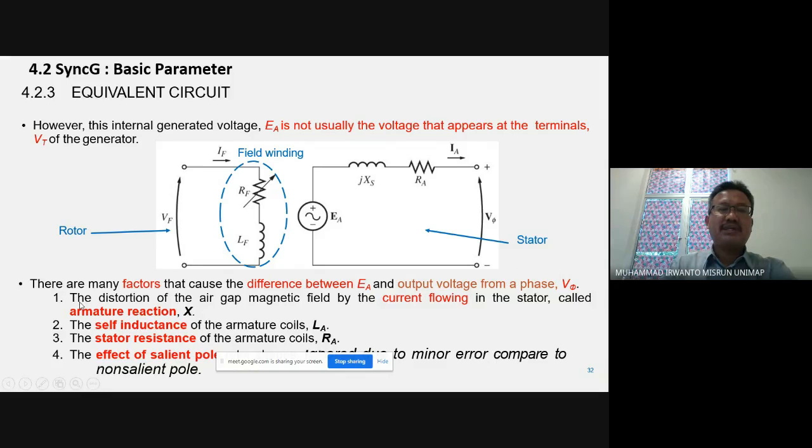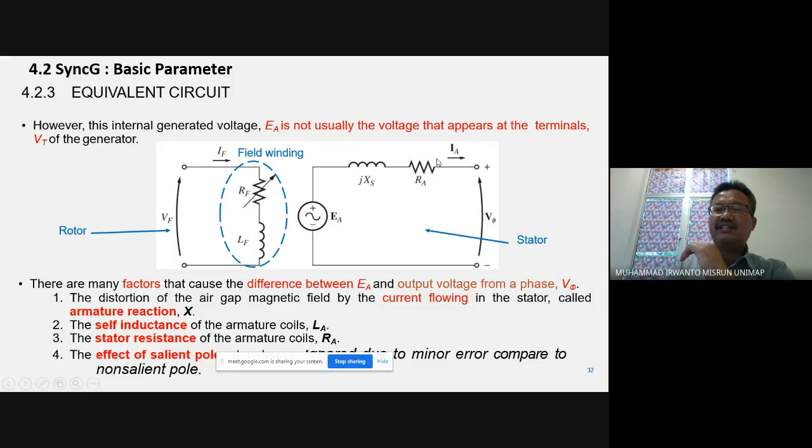The first factor is the distortion of the air gap magnetic field by current flowing in the stator, called armature reaction. Between the rotor and stator there is an air gap, and here it will produce an armature reactance. We give the symbol X, and the self inductance of the armature coil, LA.